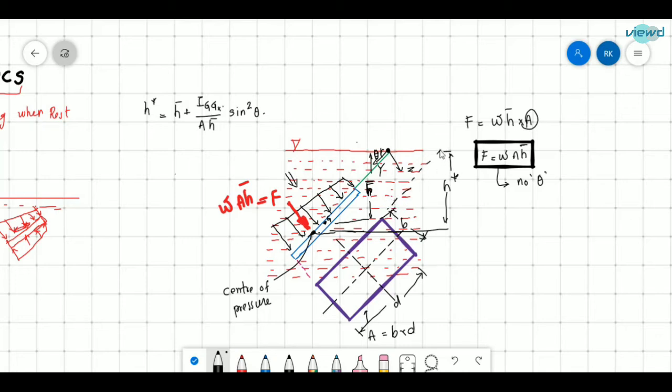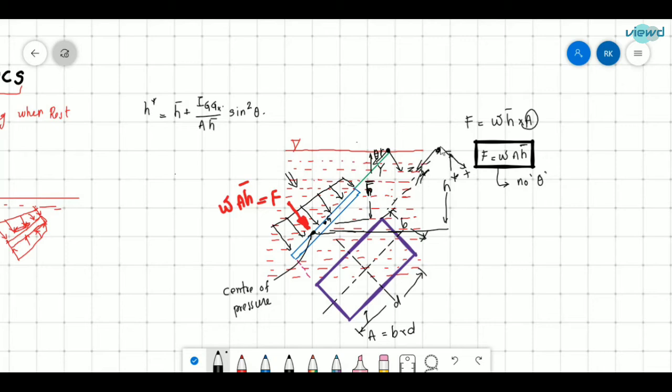If I look in this view, this will be x, and this will be y.